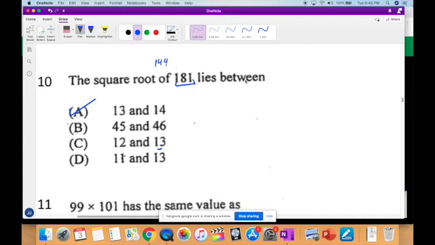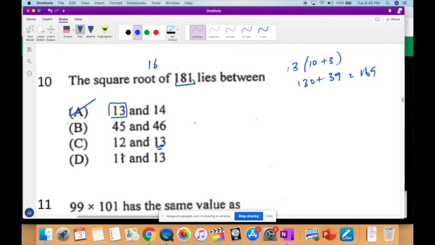So you had to do 13 squared, and 13 squared is 13 times 13, which is 13 times 10 plus 3, which is 130 plus 3 3s are 9, 1 3 is 3, 39, which is 169. So 169 is still less than, so definitely the 13 is less. So you had to find out about the 14 now.